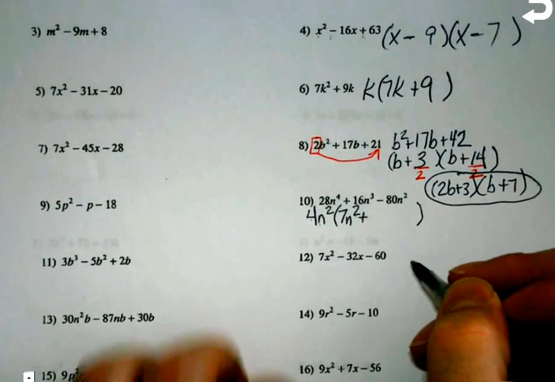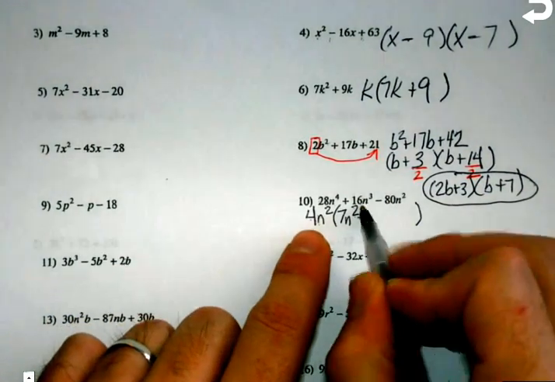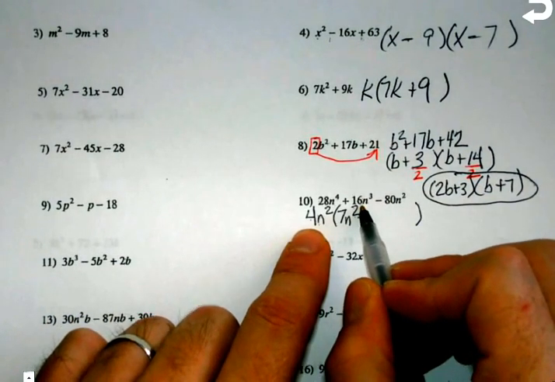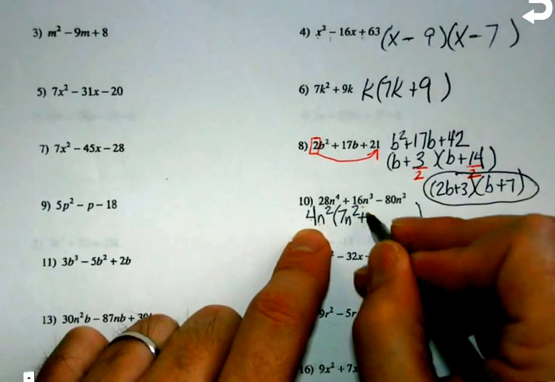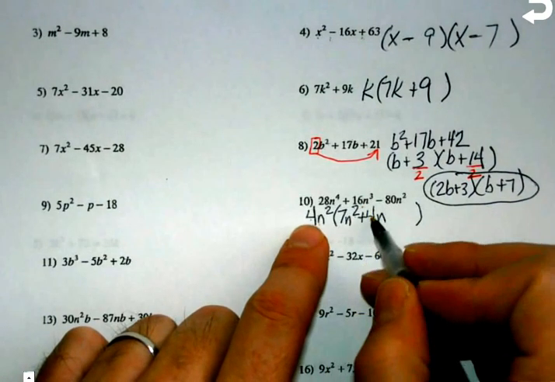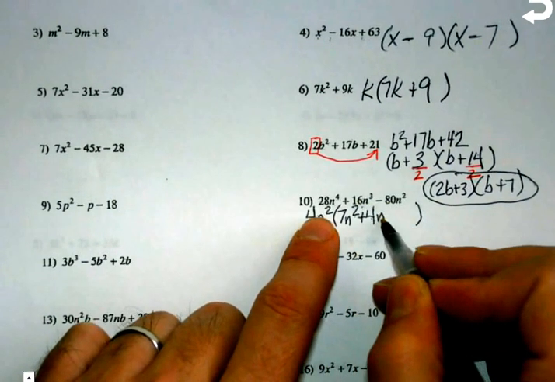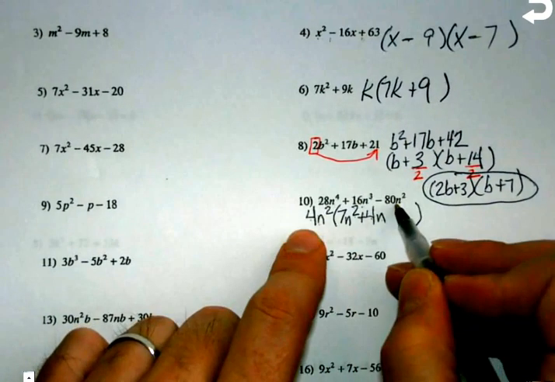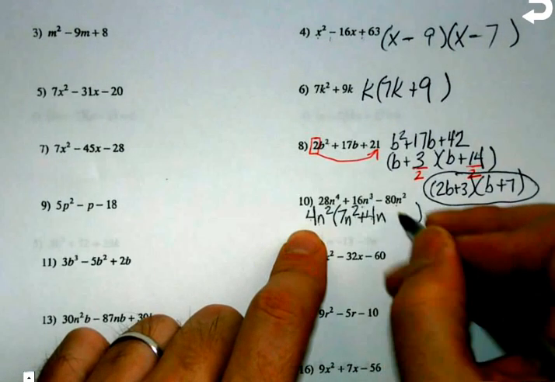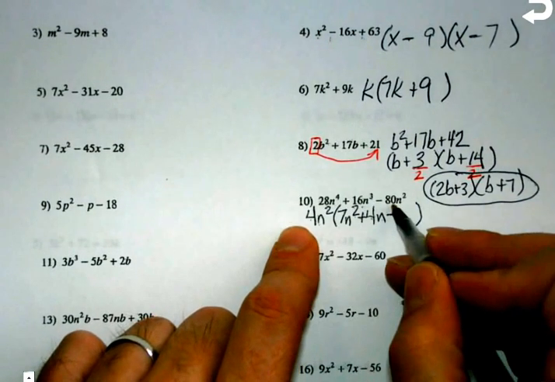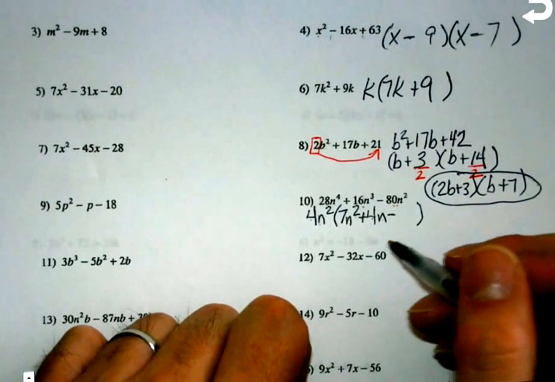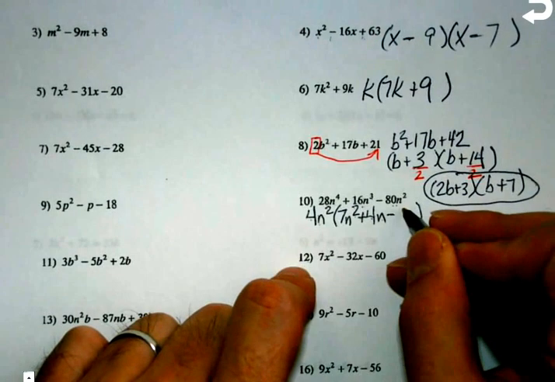Working my way through here. So I get the 16n to the third for n. 4 times 4 is 16. N squared times n is n to the third. Last part. 4 times what to get me to 80?